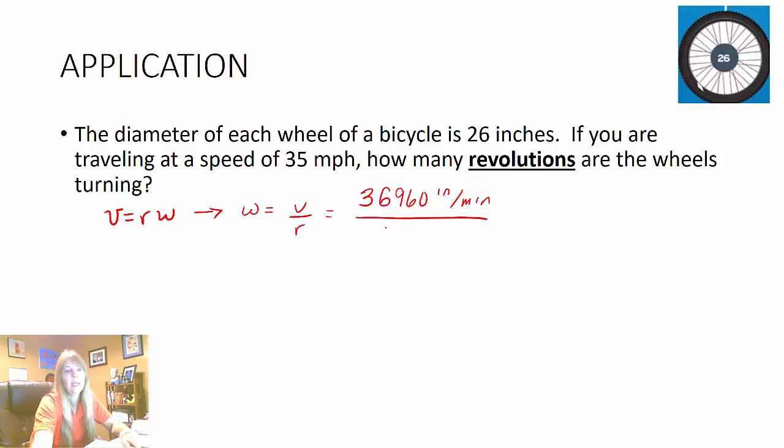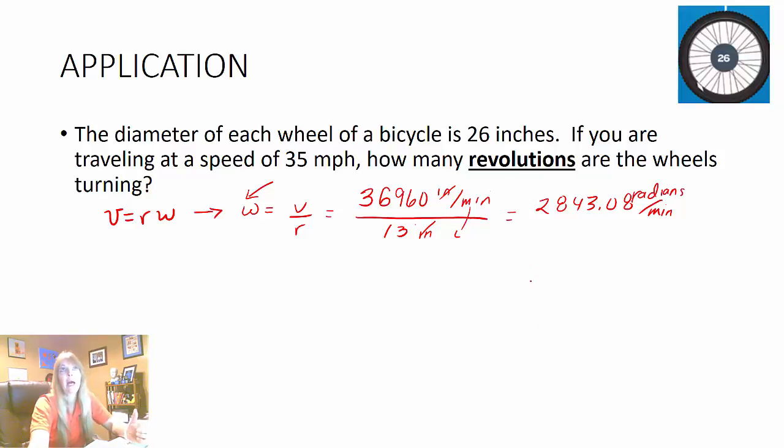And I know the radius is 13 inches. So now certainly you can see why we needed to get it in inches. If I multiply this out, the inches cancel and I get 2843.08. Since the inches canceled out, and of course the minute goes to the bottom, remember that omega is measured in radians, so this becomes radians per minute.